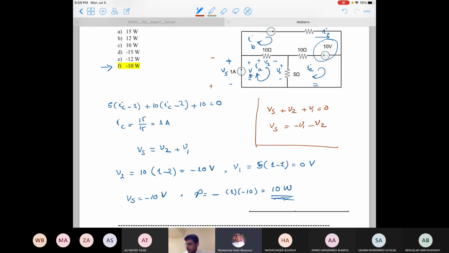So V1 and V2 are given, so Vs here is going to be 10 volts. And is it clear that Vs is 10 volts? So if I do the power calculation, according to the passive sign convention, I should get positive. 10 multiplied by 1 is going to give me 10 watts, which is exactly the same.